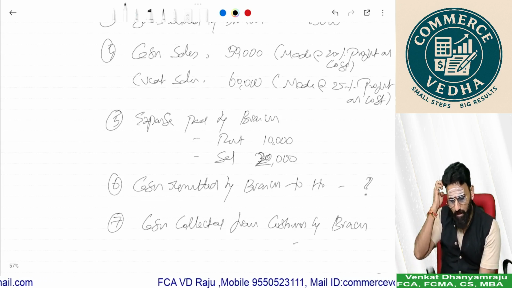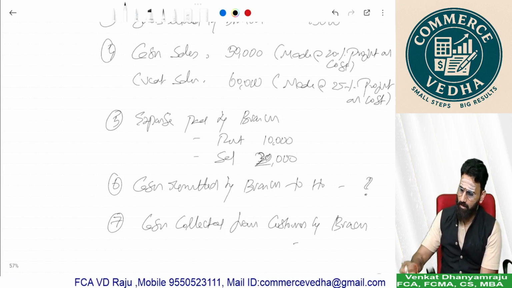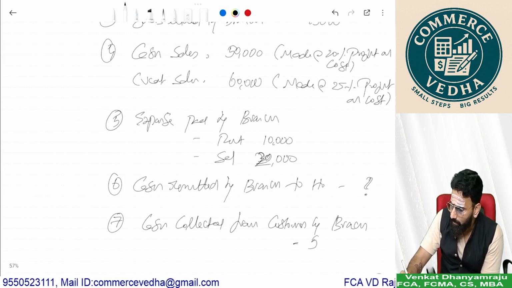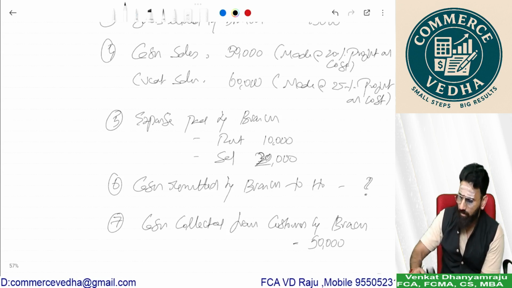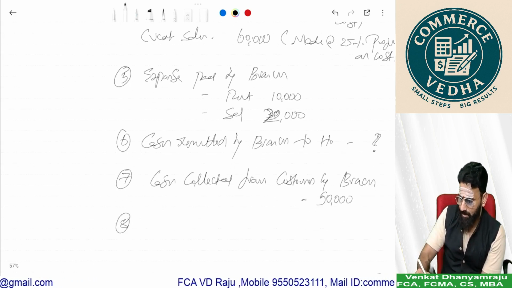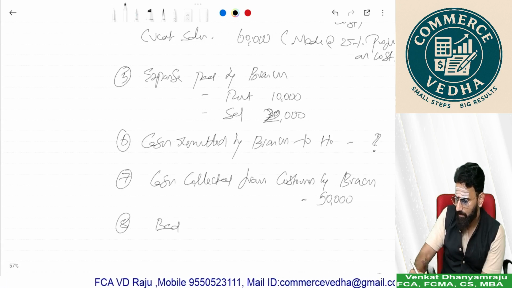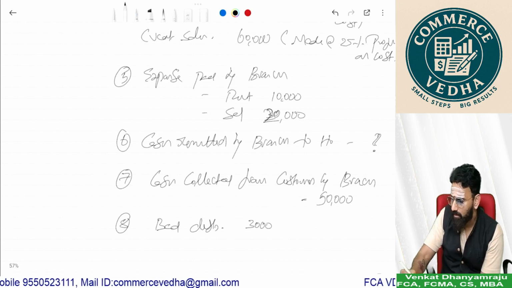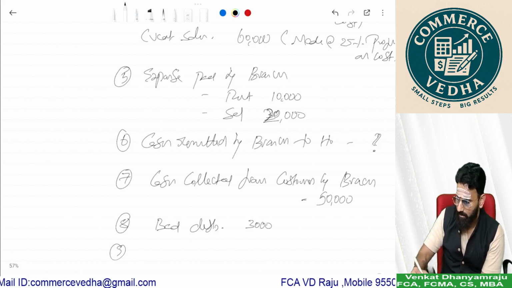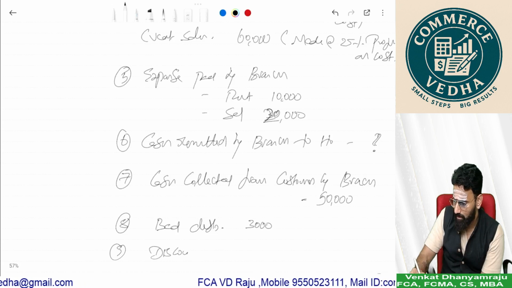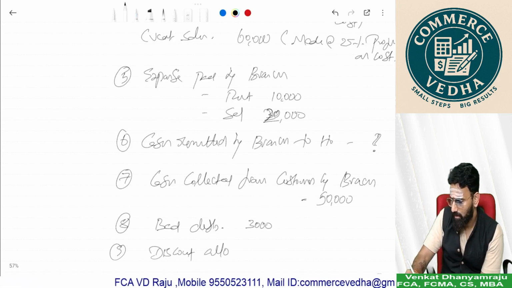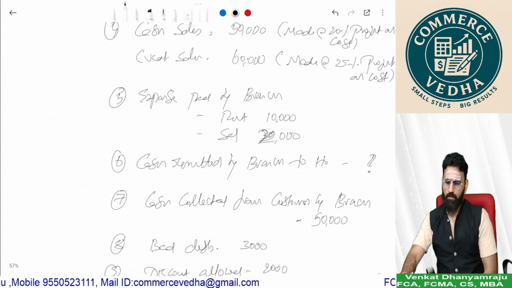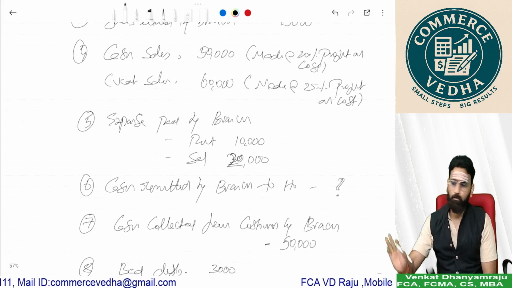Assume collected from customers, in the sense credit customers, say 50,000, and bad debts 3,000, discount allowed 2,000. This is the question given by me.